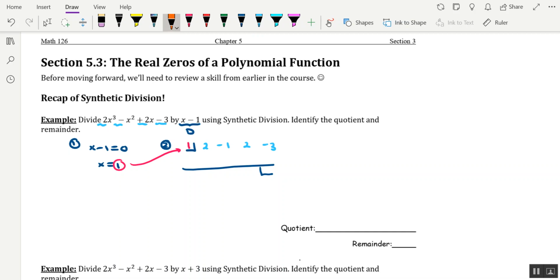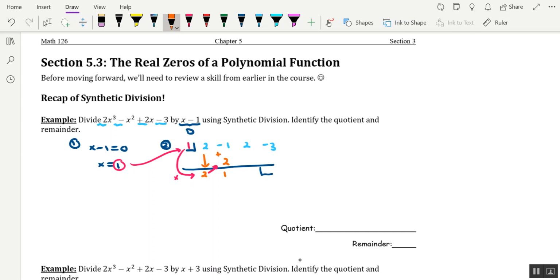Let's go ahead and execute it. So bring down the 2, and then what we do is we take the number in the top half box, multiply it by what we just got underneath the equal bar. 1 times 2 is 2, and then we add in column format.